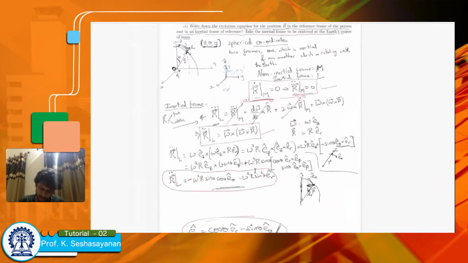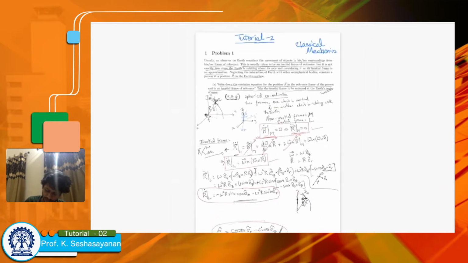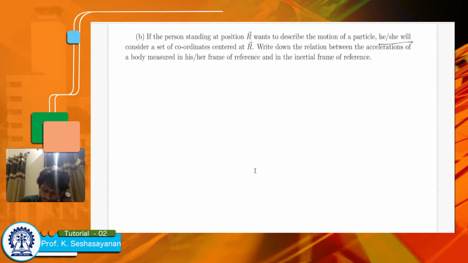And so this is the evolution equation as asked for in the first subpart. So the next part is: if the person who's standing at position r vector wants to describe the motion of a particle, he or she will consider a set of coordinates centered at r vector. Write down the relation between the accelerations of a body measured in this frame of reference and in an inertial frame of reference.